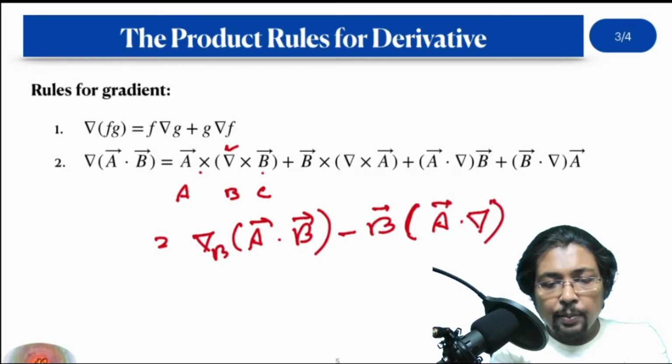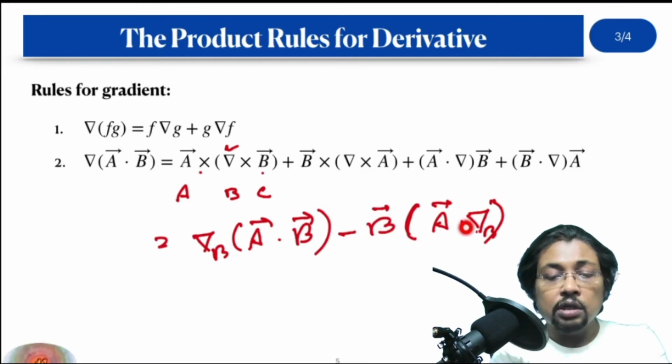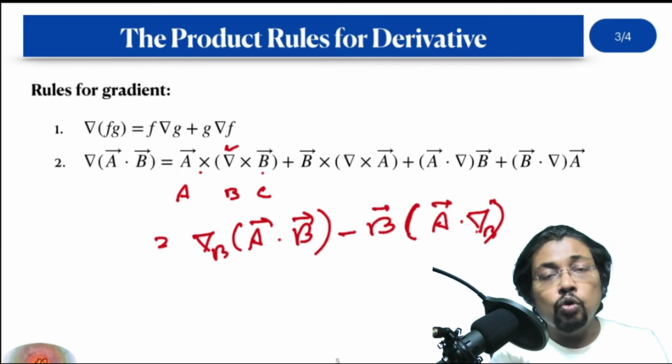Now look at here. Here I am not writing the B subscript over here. We do not need that, because this operation tells you that first this dot product will take place between this A vector and the space derivative, and thereafter that derivative will be operated over the B vector, because after being dotted with the A vector, this quantity will be a scalar, with no unit vector along any direction.